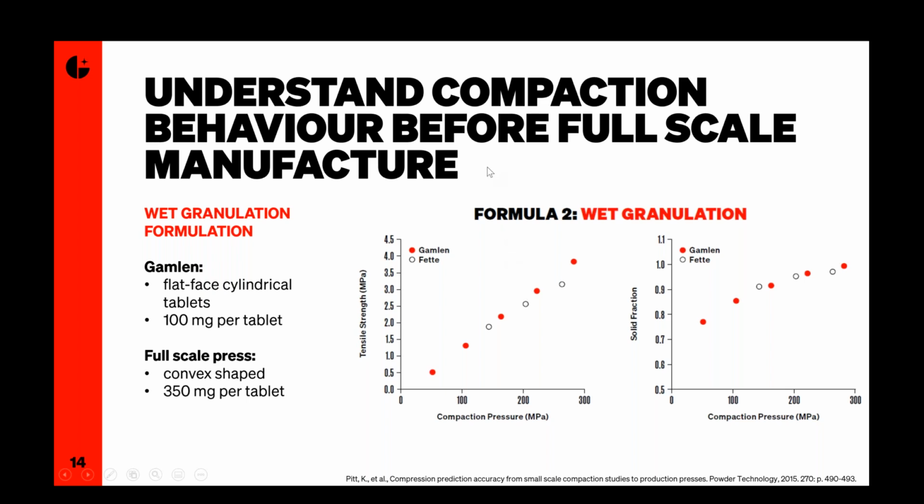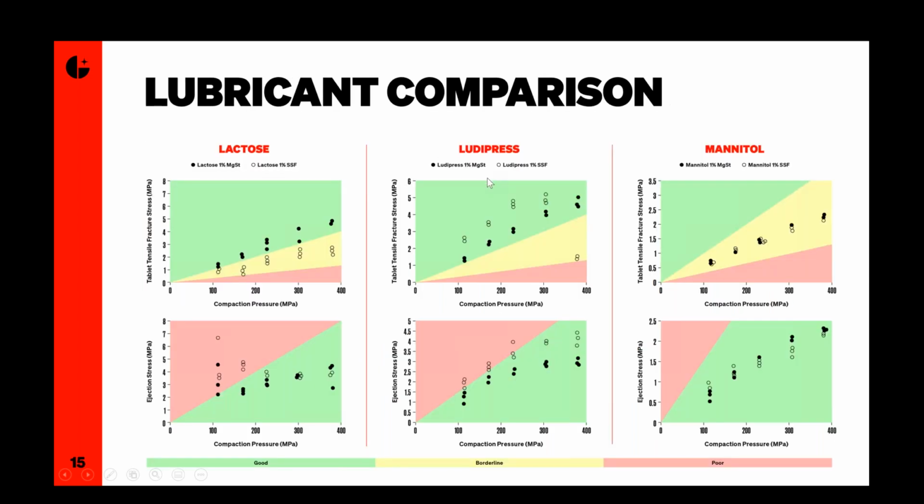The next is, as you saw on the video briefly, that there are these red and green zones in the software. So in my slide here, I've kept those red and green zones from the software. Those zones are to give you guidance on what is good and bad compaction behavior.